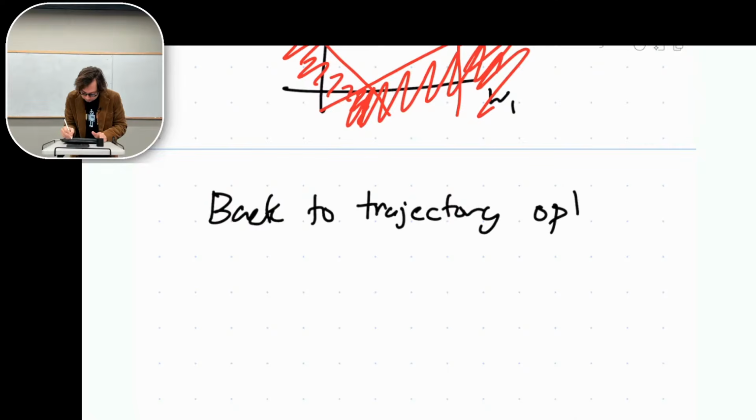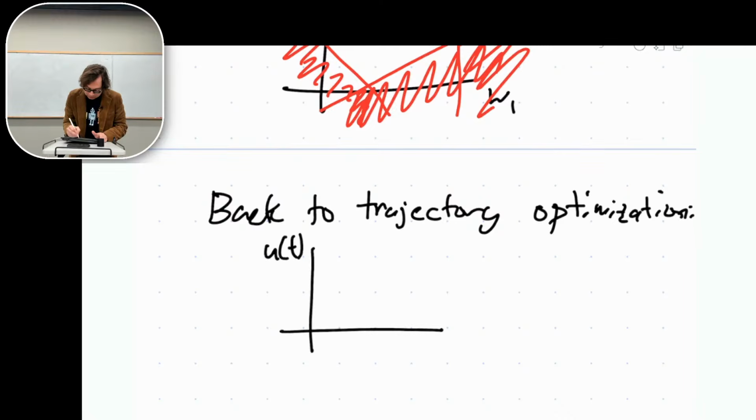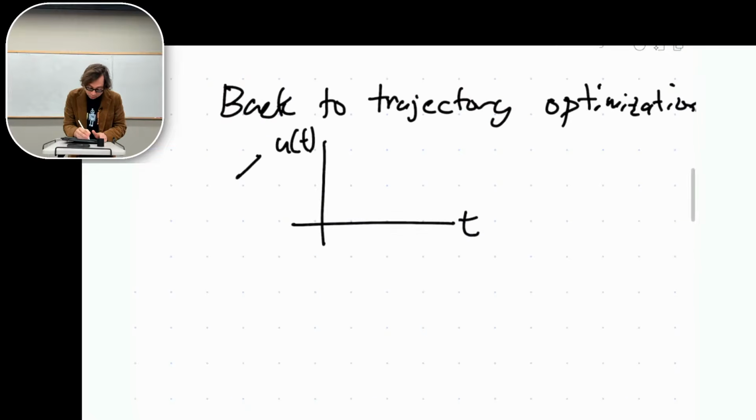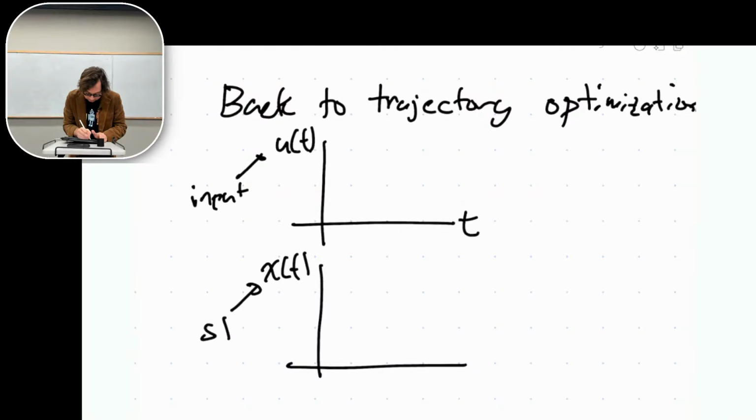Those defect constraints, their job is to say that if I have a trajectory, so let's go back to trajectory optimization, where we have some u of t over time, which is our control input, and our state over time.